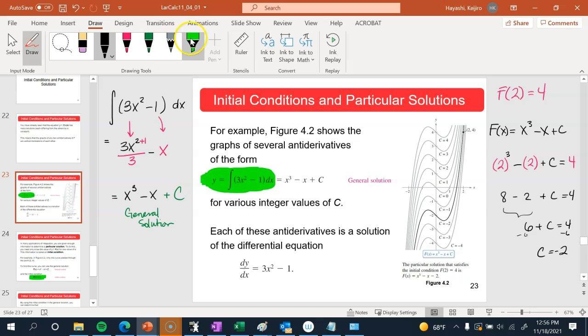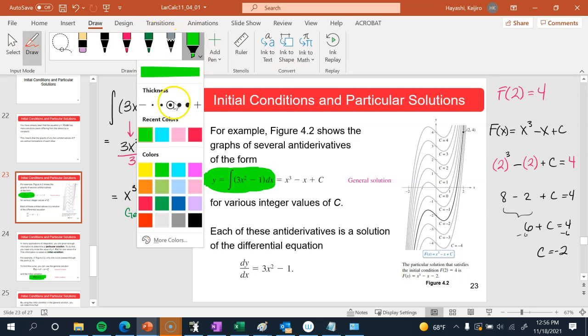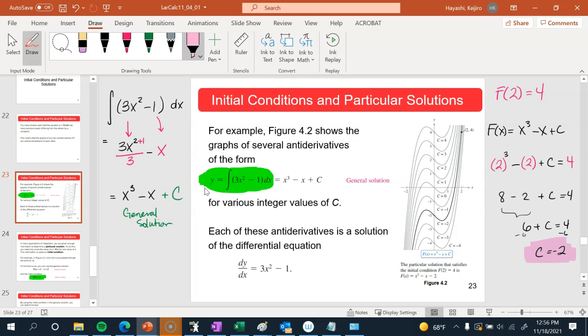So this initial condition actually provides you with enough information to cut your solution down from being this very vague general family of solutions to a specific member of that family.